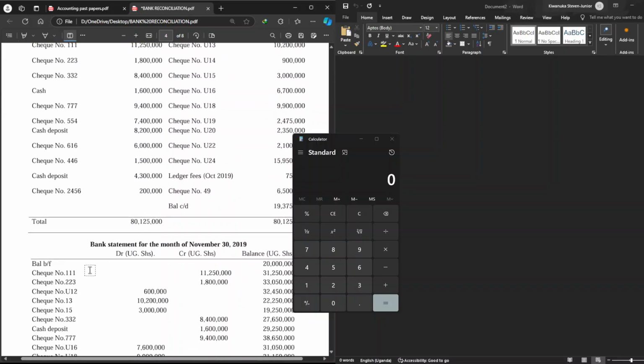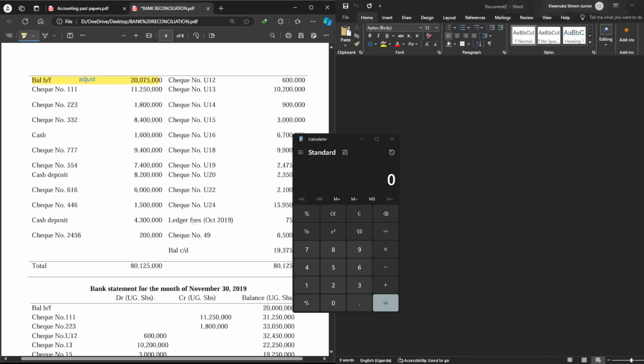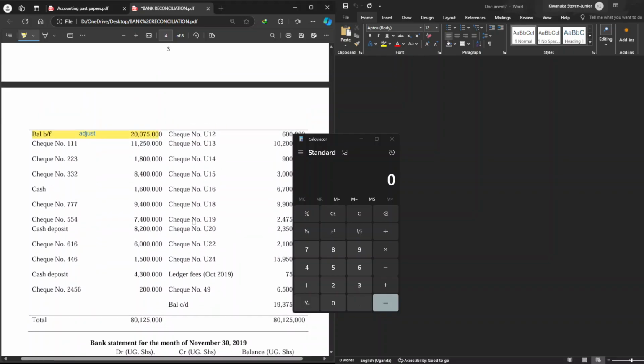So we come to another one, check number. What we should remember is that what is on the credit side of the bank statement should appear in the debit side of the cash book. So here we have a check number, 11 250. Then we come this side, it is credit side, so we check in the debit side first.